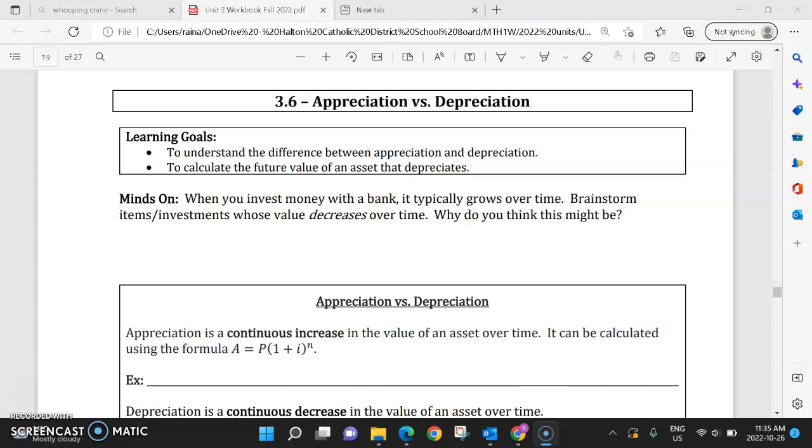So items that represent very scarce resources, things like land, housing, any collectible items, paintings, anything antique-y, they normally appreciate in value over time because there's less supply of those items.